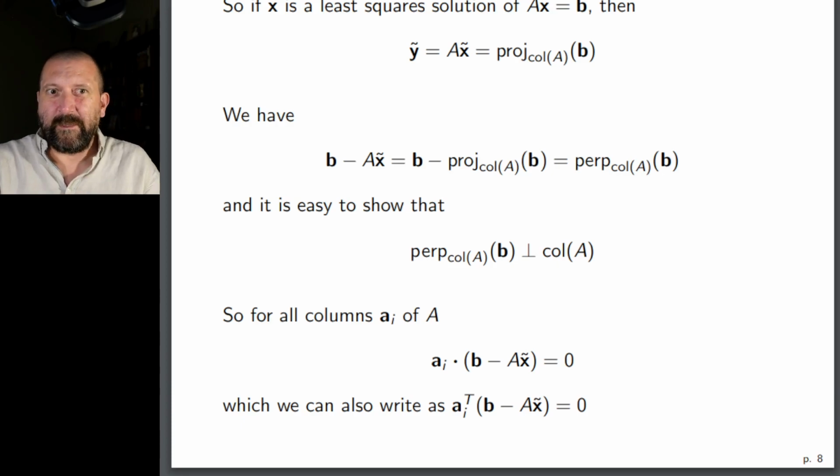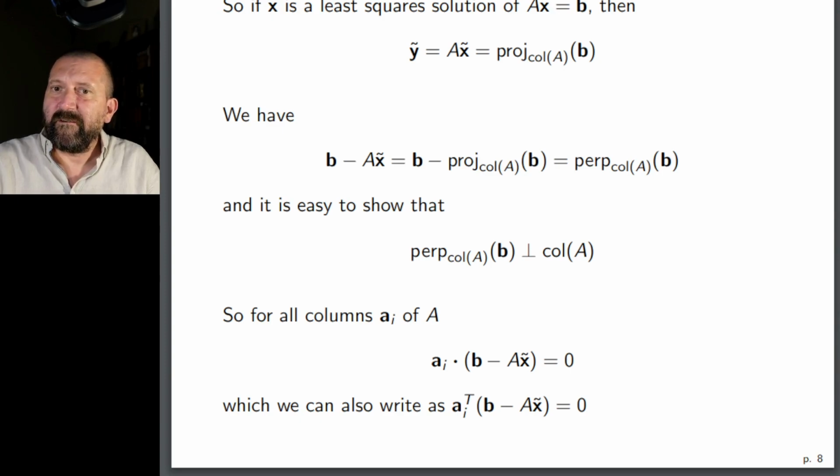Orthogonality, we have seen in the refresher on first year, is that two vectors are orthogonal if their dot product is 0. And this is what we write here. A_i, a column I in A, must be orthogonal to this here, which ends up being this. So A_i is orthogonal to B minus AX tilde.